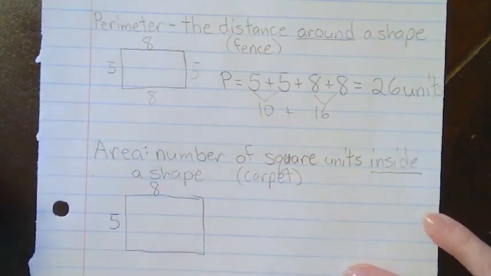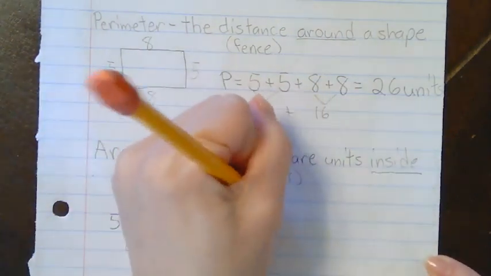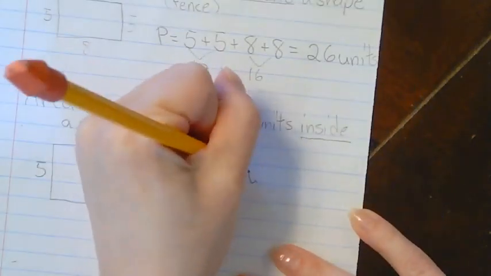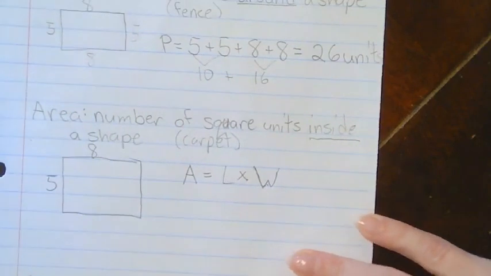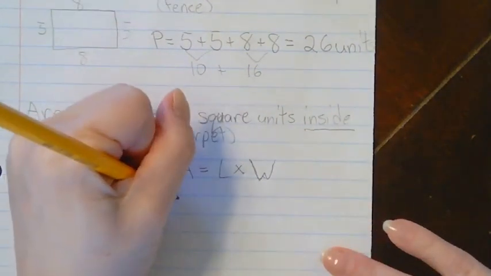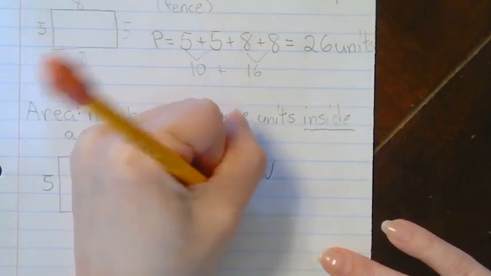Now the formula for calculating the area looks like this. Area equals length times width. So in this particular scenario, I'm going to say 8 times 5, which is equal to 40.